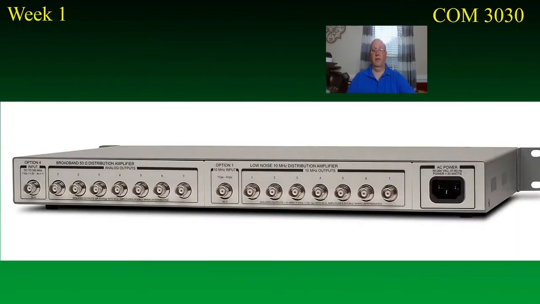Okay, now what we have here, I wanted to show you this. This is an example of what's called a distribution amplifier, just to show you how complicated this can get. If you look at this side of the screen, you'll notice it says input. You would take the image, let's say from a video camera, because that's a video camera input.